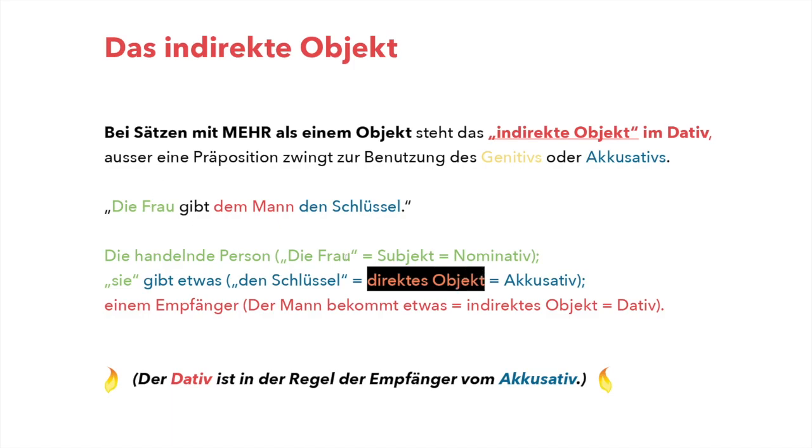The woman is giving a key, and then who is the recipient, who is getting this direct object, the indirect object. So the man is getting the direct object. In this case, the man is getting the key from the subject, from the woman.